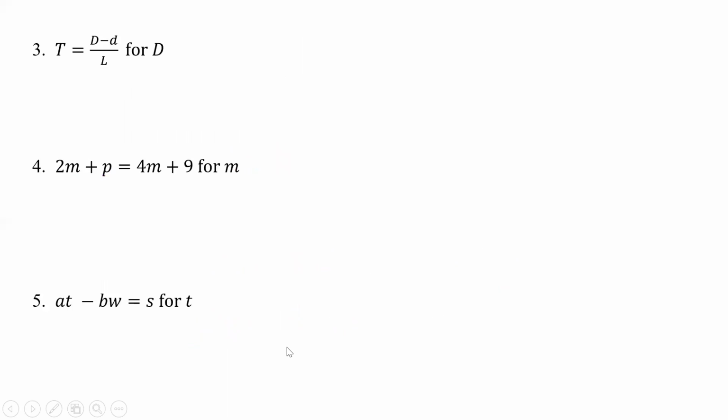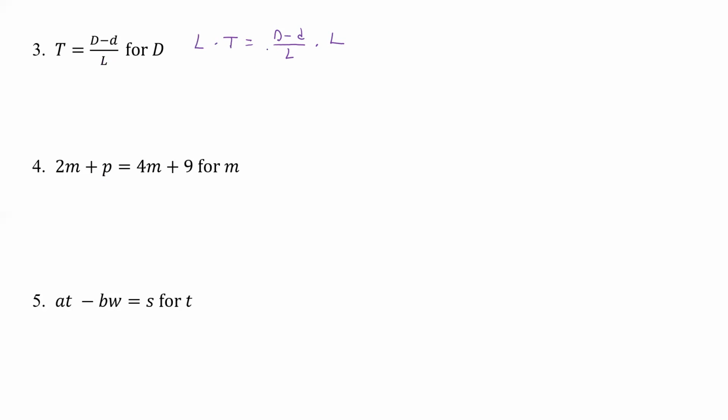All right, so what about the next one? Well, we've got t equals big D minus little d divided by L, and we want to solve for big D. So first we have to get rid of that L because that's not going to help us there. If we multiply by L on both sides, that gets rid of it.